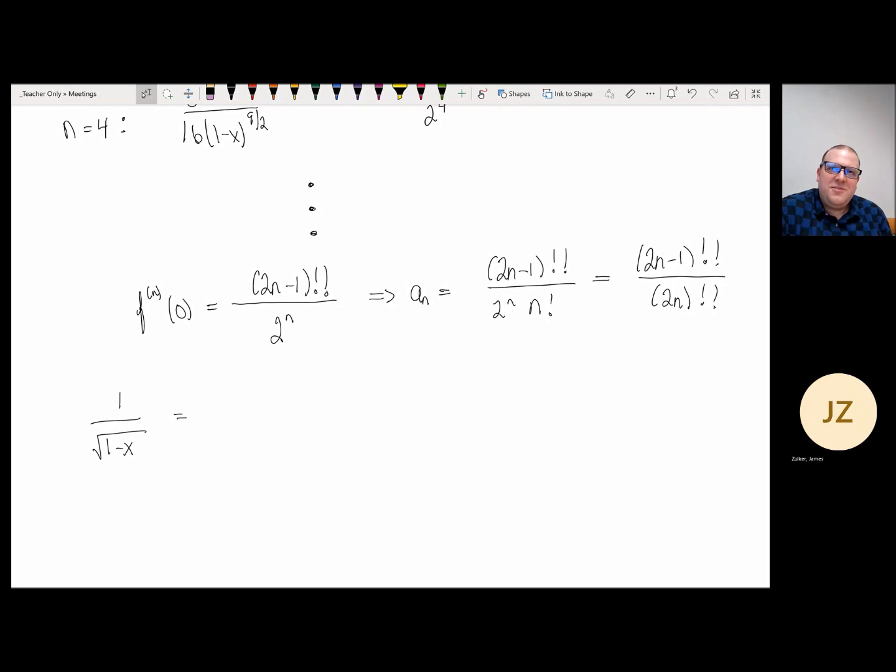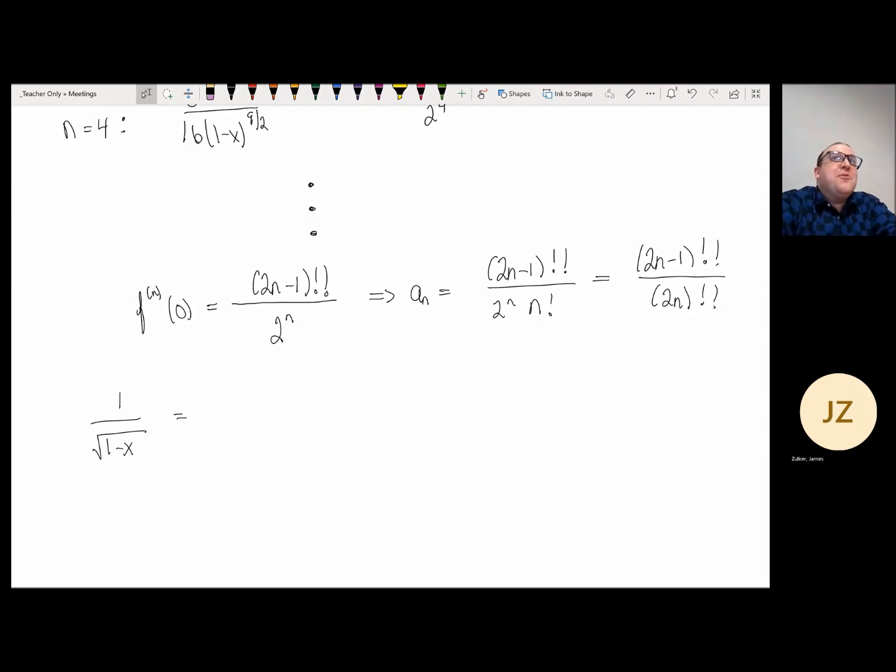Plug in n equals 0, what do you get? Look at negative 1 double factorial.